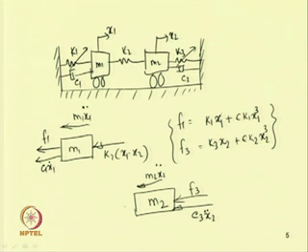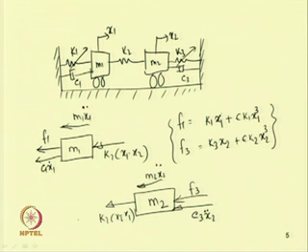Similarly, the force K2 into x1 minus x2 will act towards right, and we can write this force towards left like this, K2 into x2 minus x1.